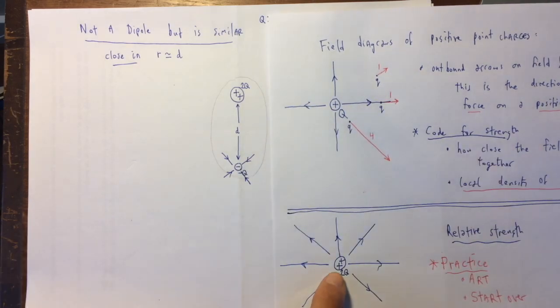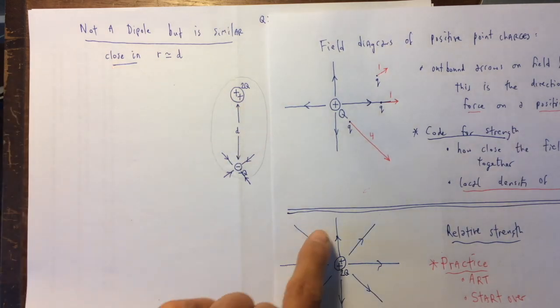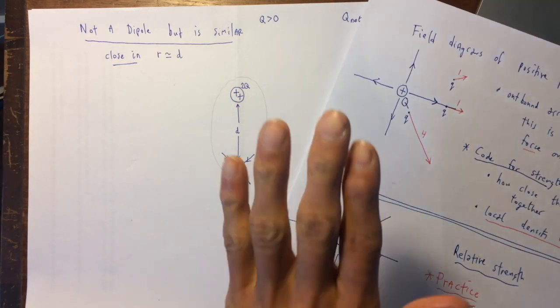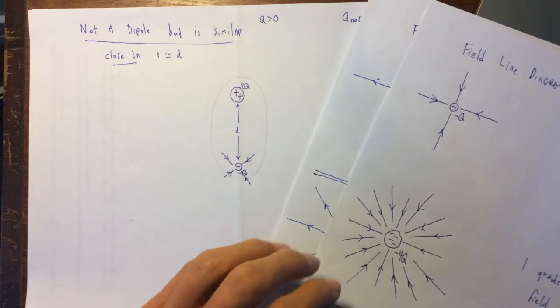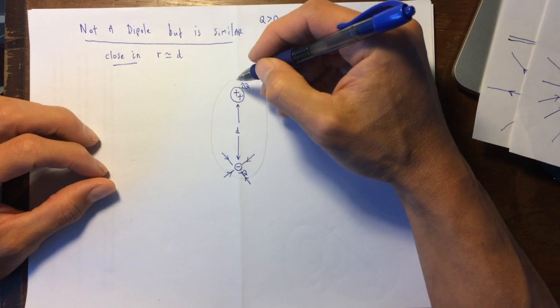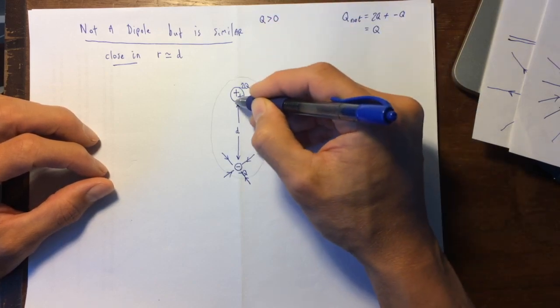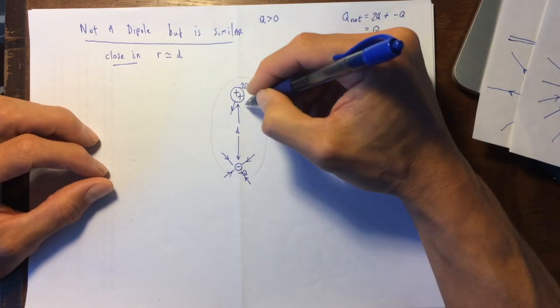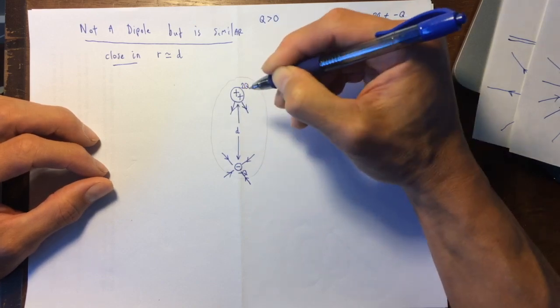And the 2Q, this thing right here, had 8 field lines, but I'm going to draw them sort of like a rotated picture. So I've got, let's see, this is going to be tough to do very well. So it's like kind of close to each other, emanating, right? Positive charge is a source for the field lines.